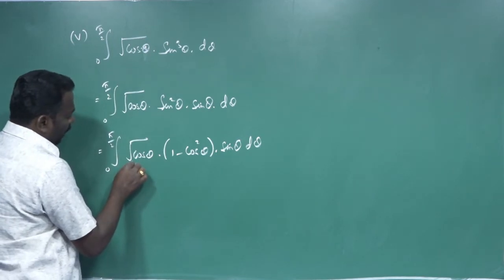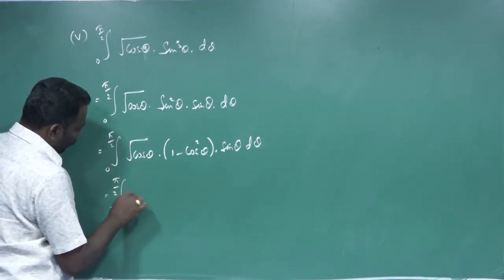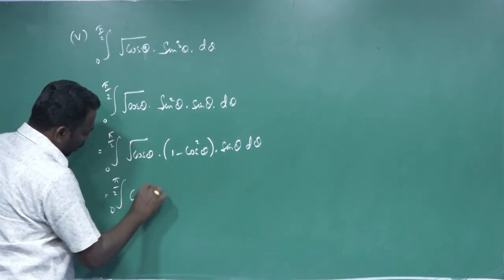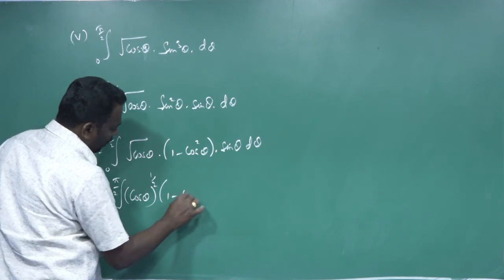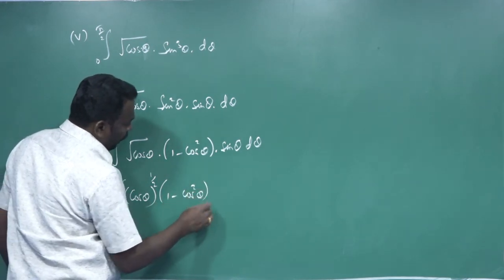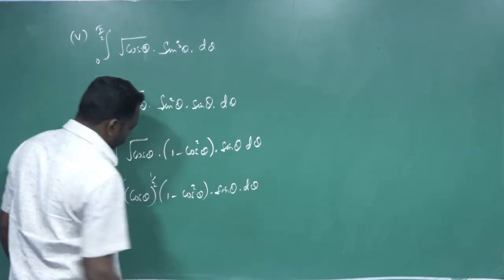Now square root we can write as whole power 1 by 2, that is equal to integral 0 to pi by 2 of cos theta whole power 1 by 2 within the bracket of 1 minus cos square theta into sin theta into d theta.